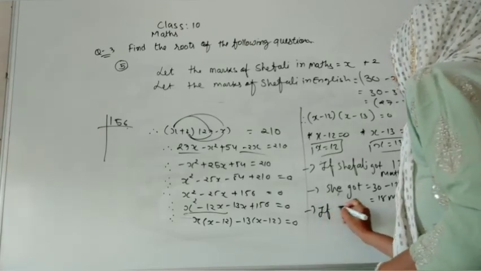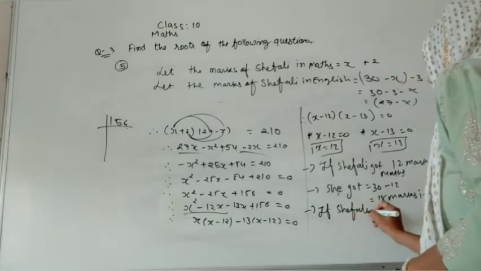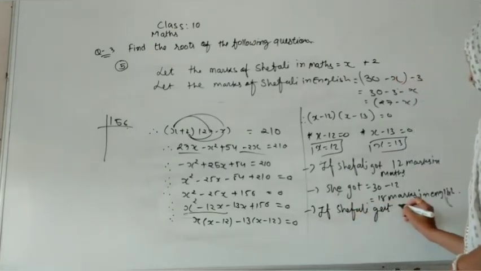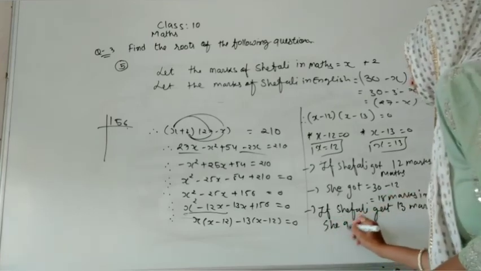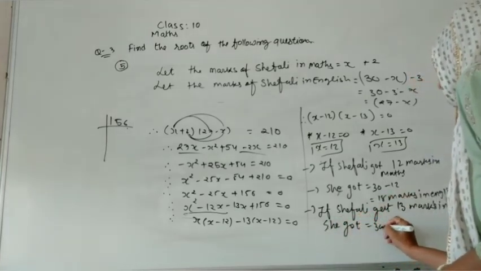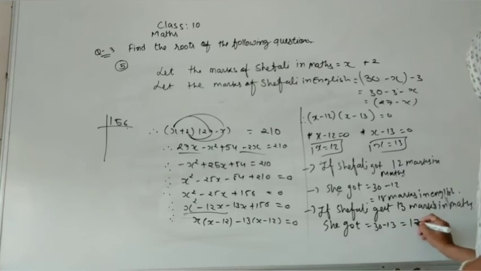And if Shefali got 13 marks in maths, then she got 30 minus 13 marks means 17 marks in English. So here is the concept of this kind of question that we have to do. So please write and please do it properly. I hope you understood.